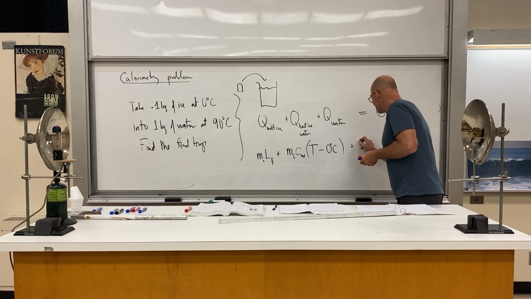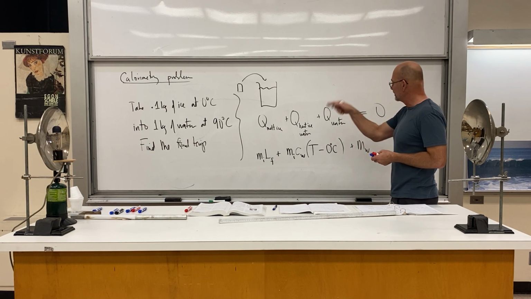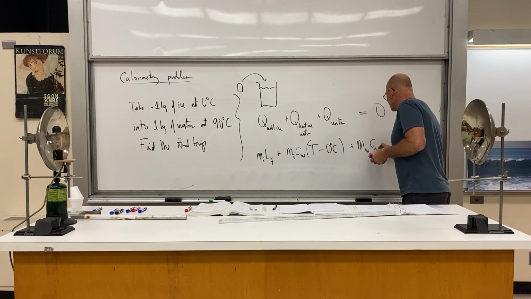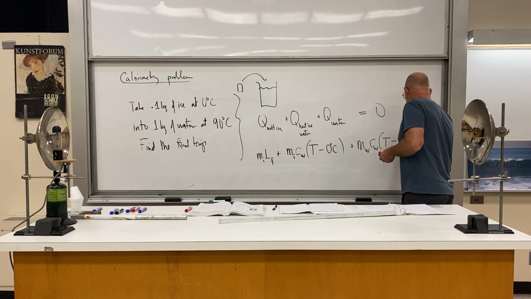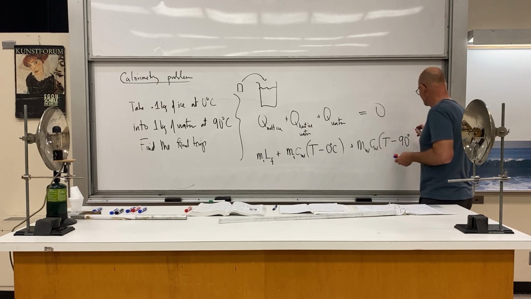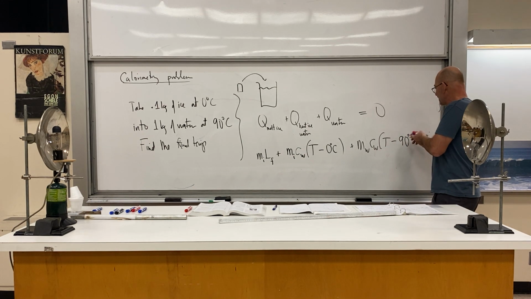And then we have plus the mass of the water, specific heat of water, T minus 90 degrees Celsius. Right, T minus T water, which is 90 degrees Celsius.